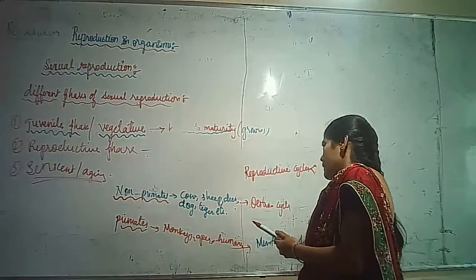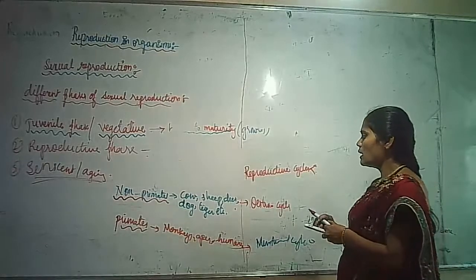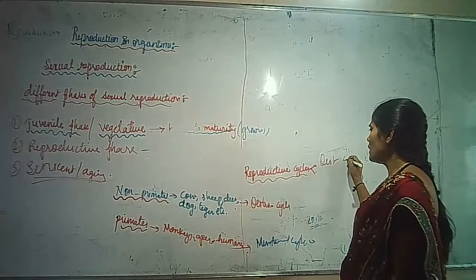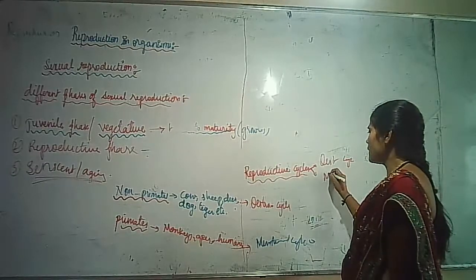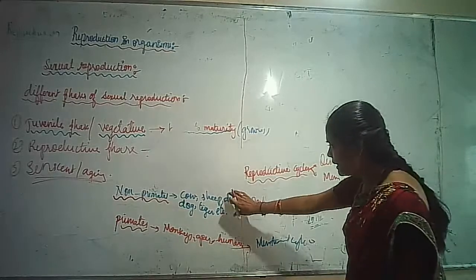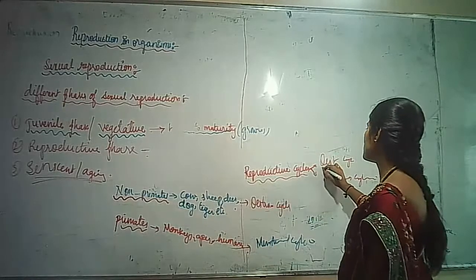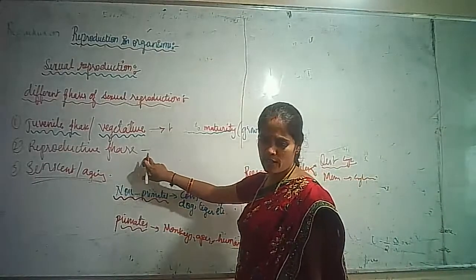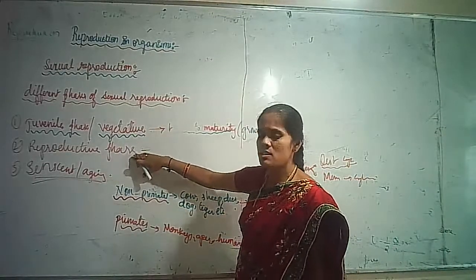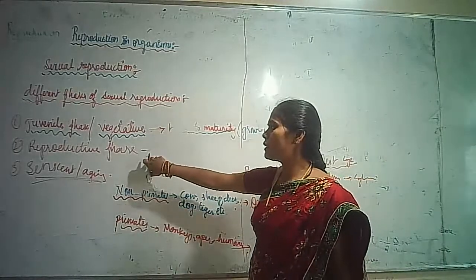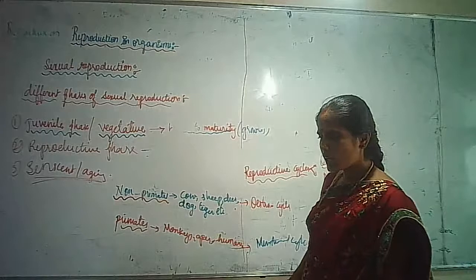So the reproductive cycles are the estrous cycle and the menstrual cycle. If the estrous cycle begins in non-primates, it indicates the beginning of the reproductive phase. The end of the juvenile phase will be the beginning of the reproductive phase. Now the organism is capable of reproducing.